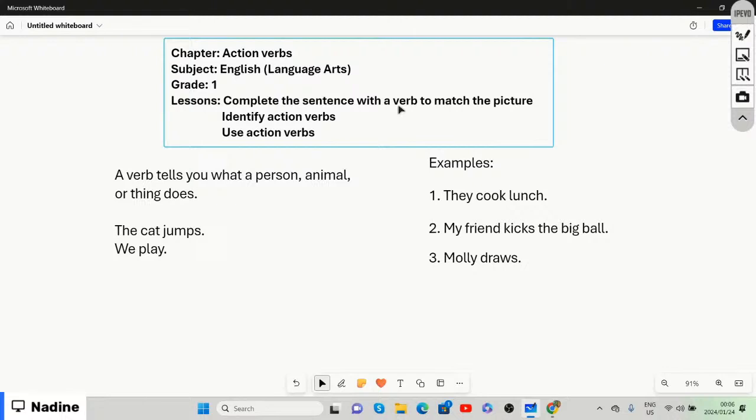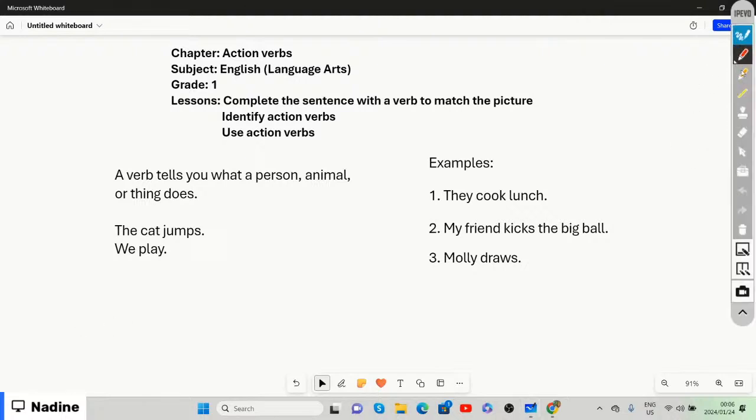Because an action verb, or a verb, is a doing word. It's something that someone is doing, right? It's an action that is taking place. So we said that a verb tells you what the person, animal, or thing does.